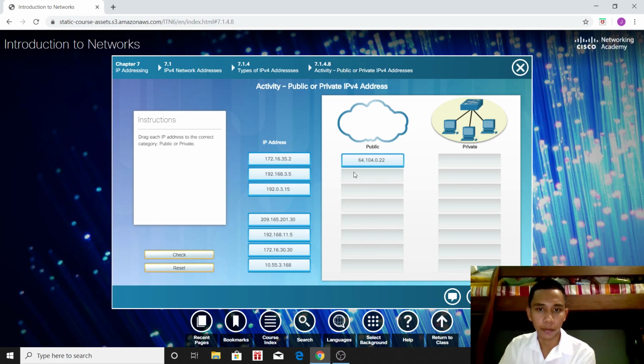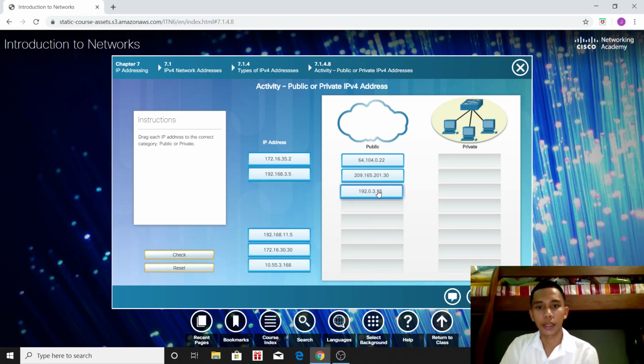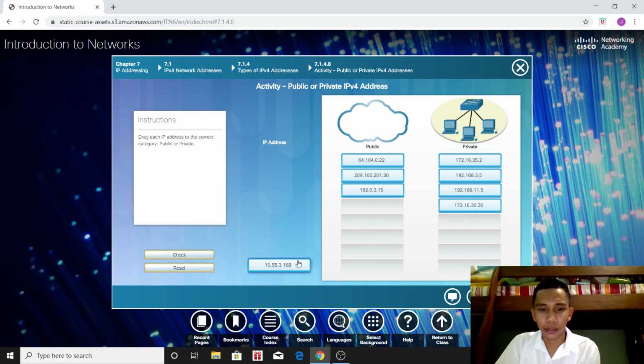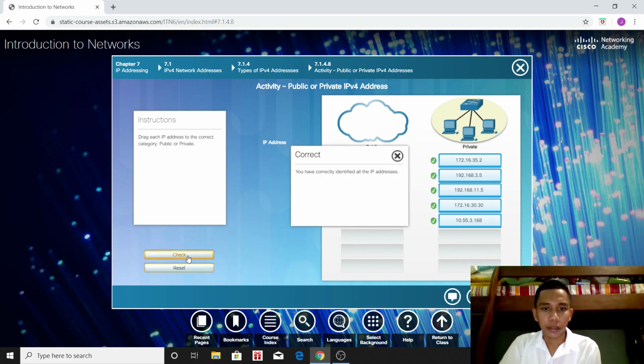Then another public IP address is 209.165.201.30, and another public IP address is 192.3.0.3.15, and the rest of the IP addresses are private. So let's check. Okay, you have correctly identified all the IP addresses.